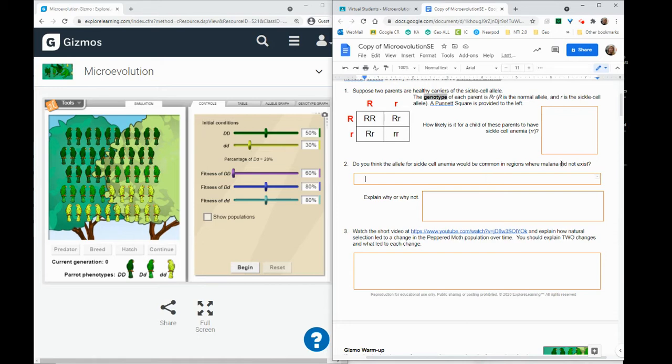Well, in areas where you have high rates of malaria, being big R, little r is ideal because these people with big R, little r have normal shaped red blood cells, but they have resistance to malaria. So they're not dying of malaria when their peers are dying of malaria. So they're more likely to live longer and have their own children and pass on their genes.